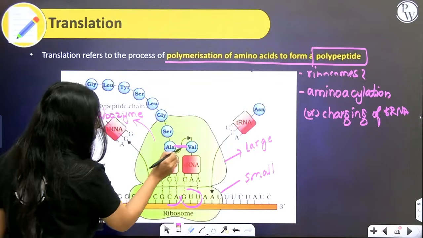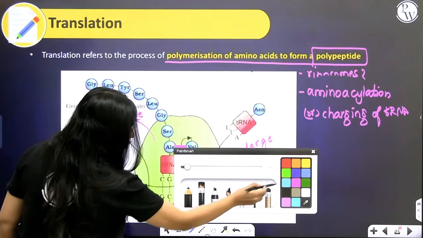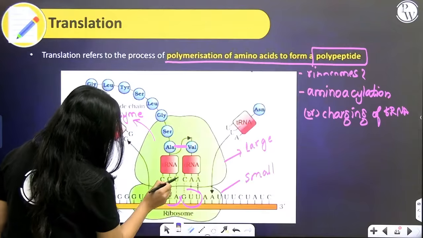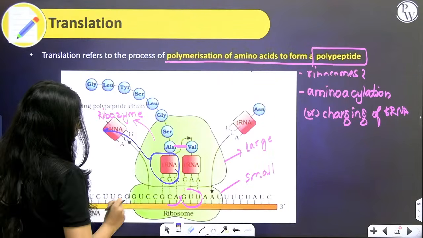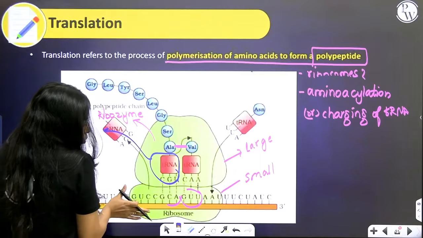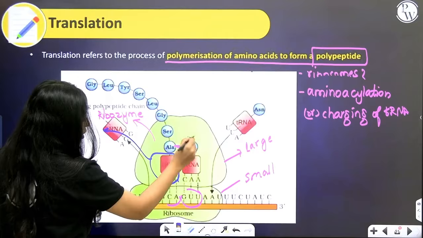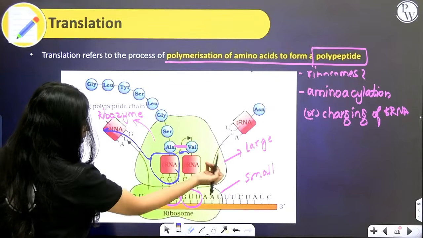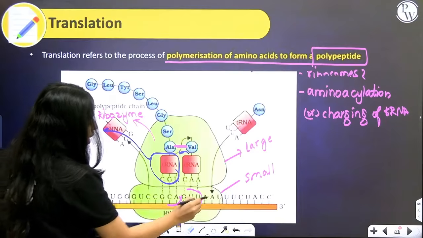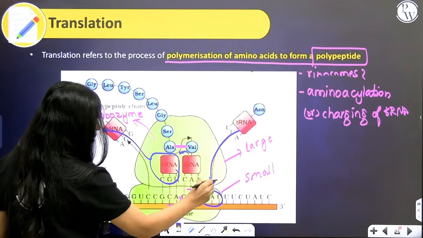Once a peptide bond is formed between these two amino acids, the tRNA here will leave. Now this ribosome will move, translocate to the next codon. So whatever tRNA is here will move to this position and the second position will be vacant. Corresponding to the next codon, the next tRNA will get into the ribosome.